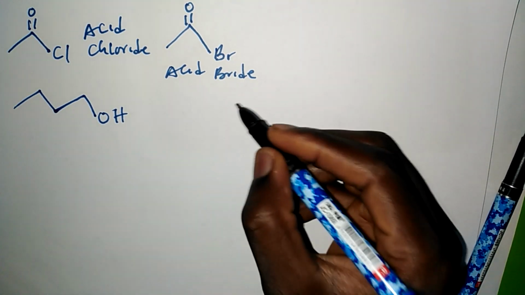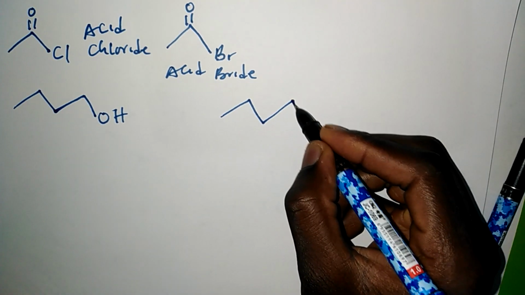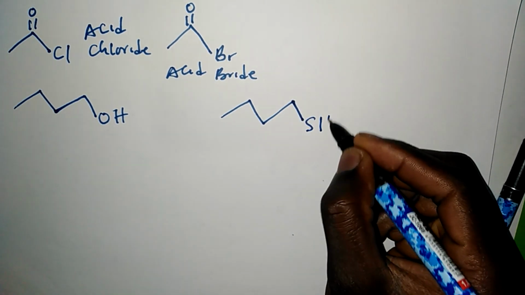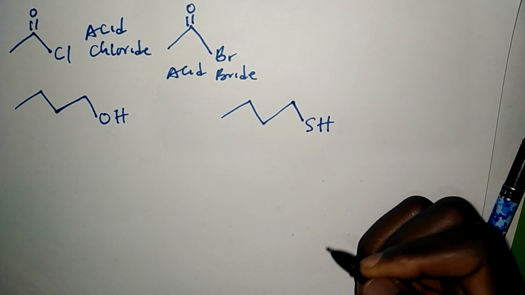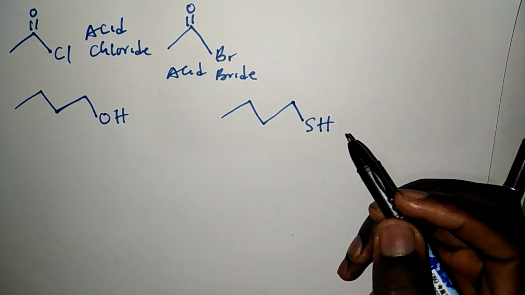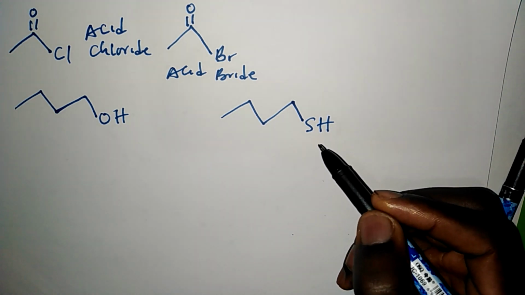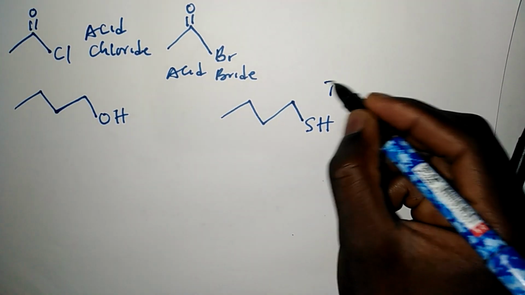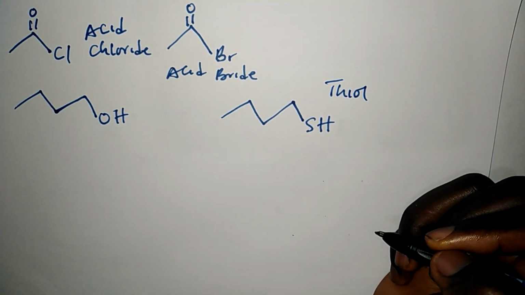And then we have an OH. We have treated this to be an alcohol, right? Now, what if this OH is replaced? Let's say we have a similar functional group, now replaced with an SH. What will you call this kind of functional group? Whenever you see SH at the end of a chain, or you see sulfur in the chain, you add the word thiol.